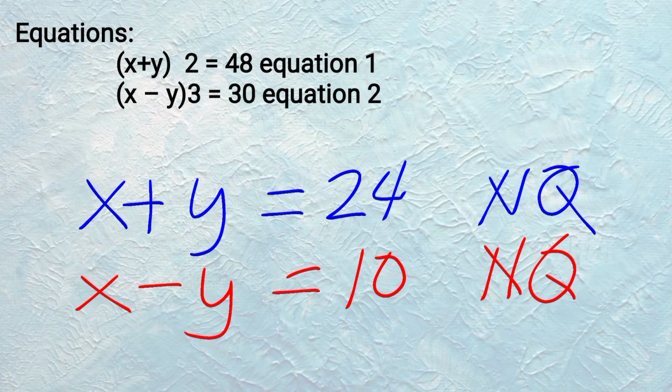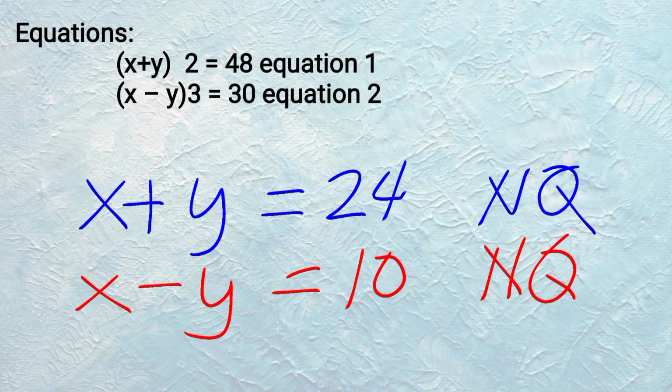Using the elimination method, you observe that we can eliminate the variable y since the coefficients of y are opposites: positive 1 in the first and negative 1 in the second.